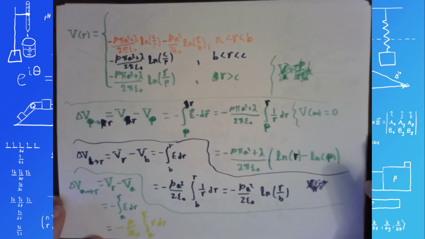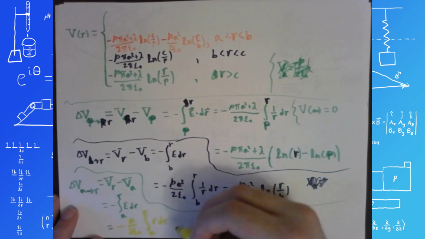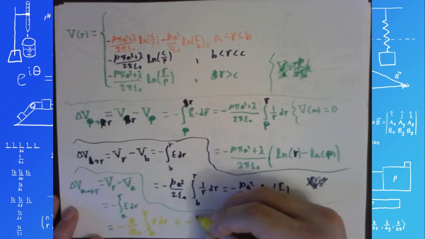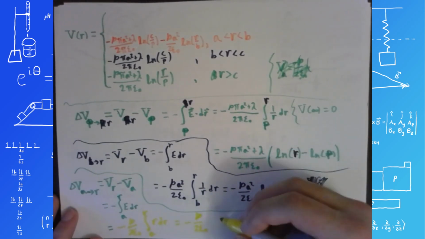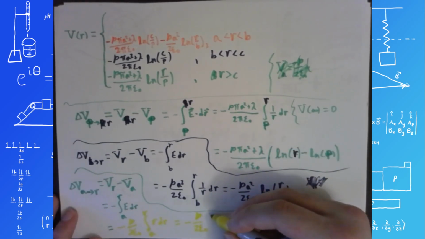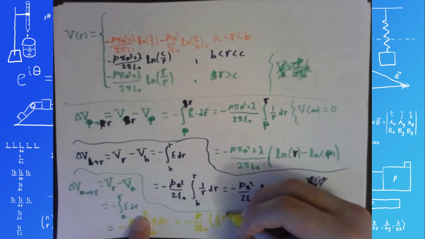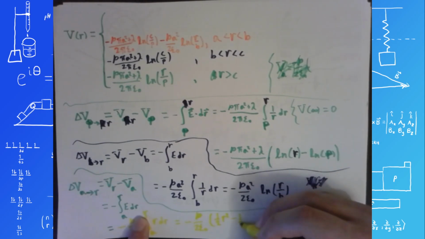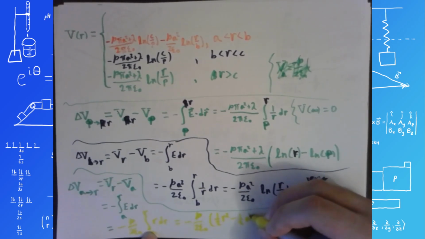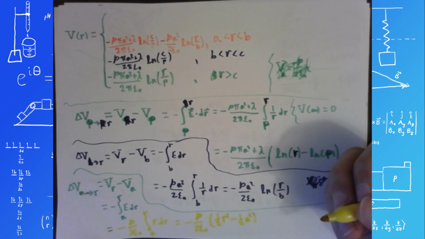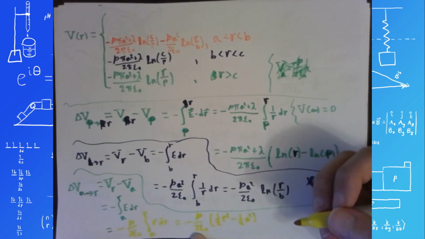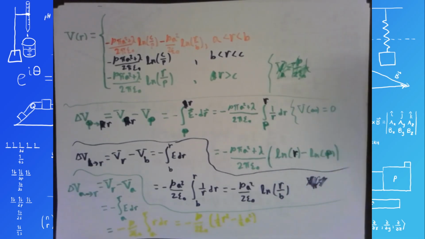Integral of r is just going to be 1/2 r squared, so we get negative rho over 2 epsilon naught times 1/2 r squared minus 1/2 a squared. I guess we can factor out the 1/2, and then this would become rho over 4 epsilon naught. And I think I'll just leave the rest as it is.